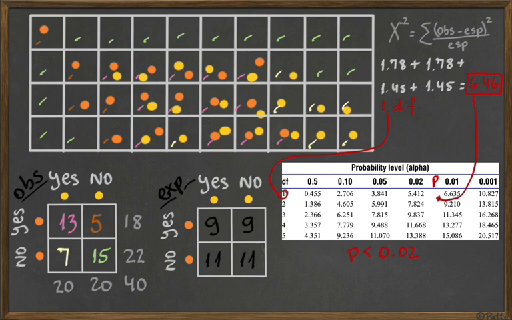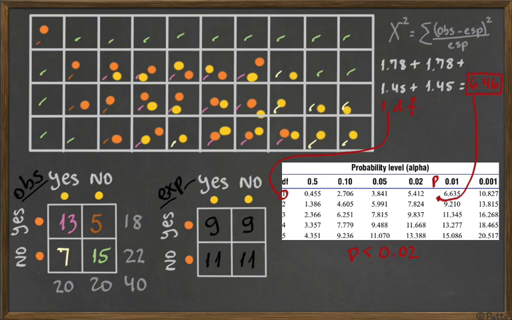That means my probability is smaller than 0.02, which is smaller than 0.05, which is the critical value. The critical value here is 3.841. So my chi-square is in between 5.412 and 6.635, and 6.46 is just over there.